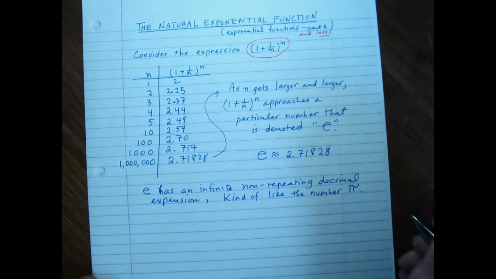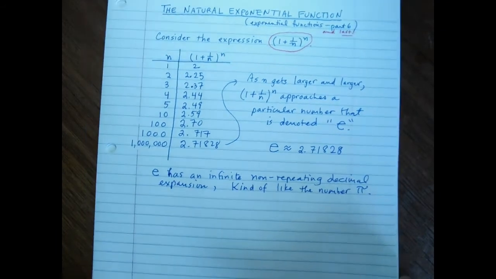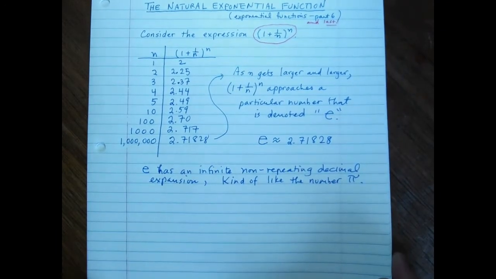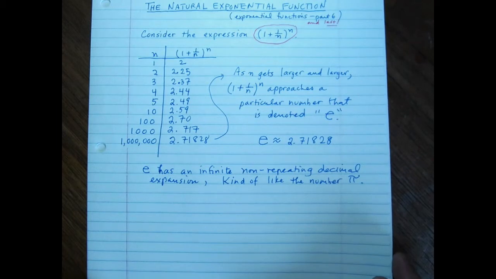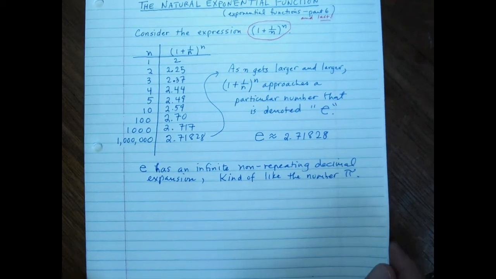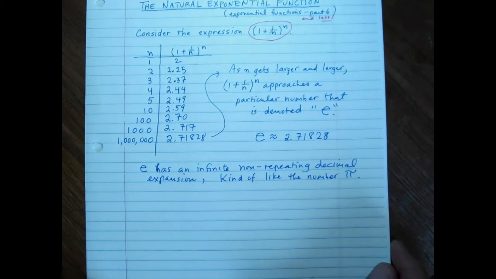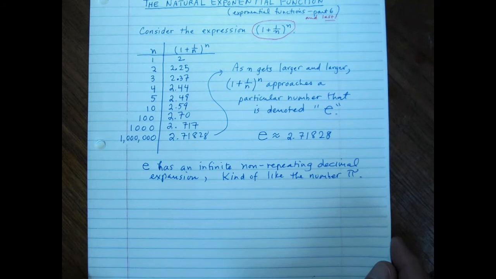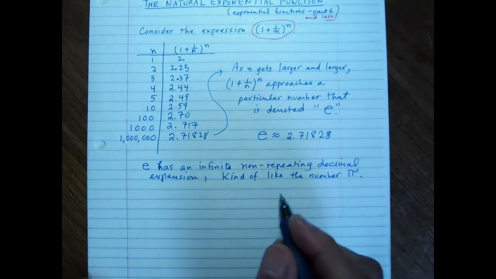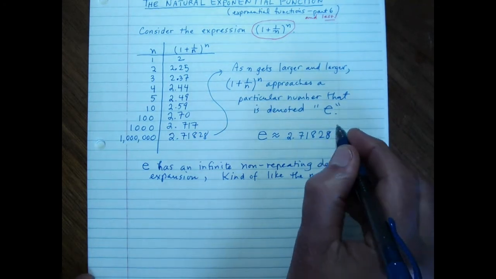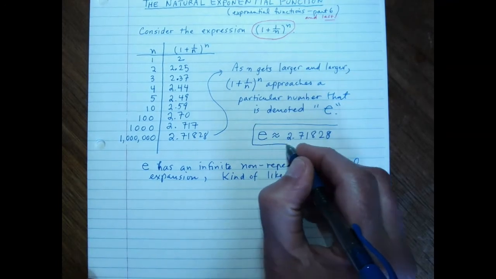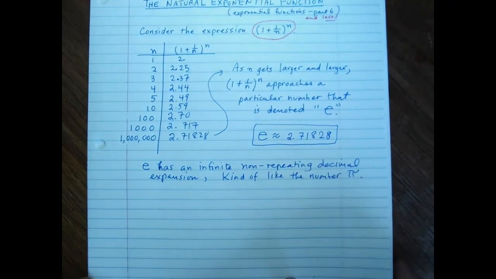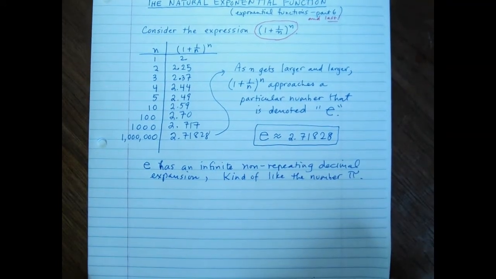If you've ever heard of people who talk about decimal places of pi, pi's decimals go on and on forever, and there's no pattern, there's no repetition. It's a very special kind of number. So e is also a special kind of number. And you don't have to know the decimal, but it's about 2.7, very close to 2.7.